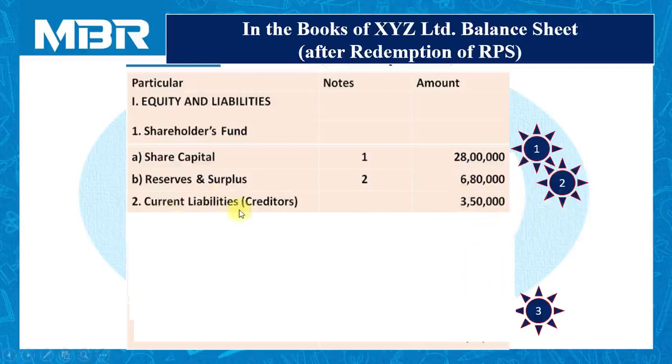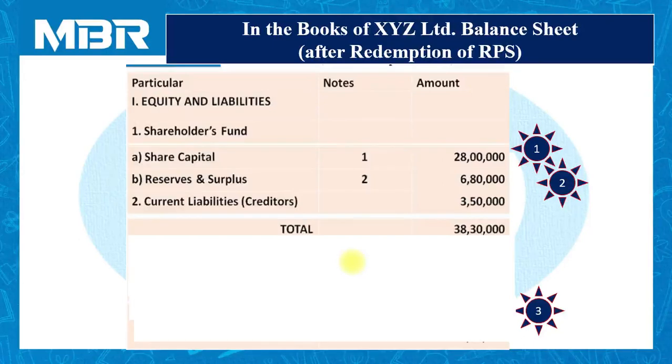So current liabilities, the third item on the equity and liabilities part, creditors 3,50,000, and the total of equities and liability part comes to rupees 38,30,000. It includes three major items: share capital, reserves and surplus, and current liabilities.